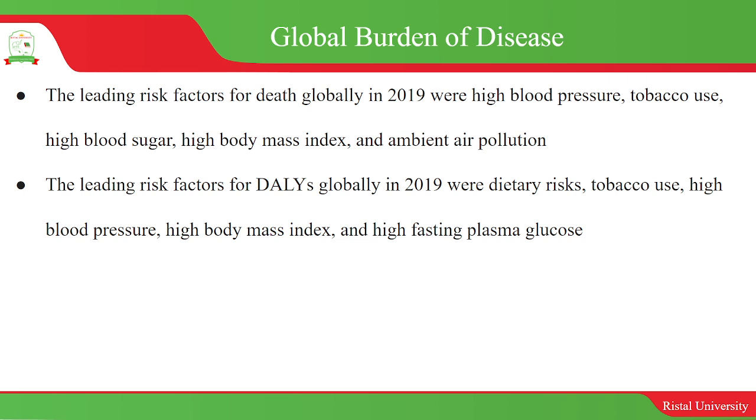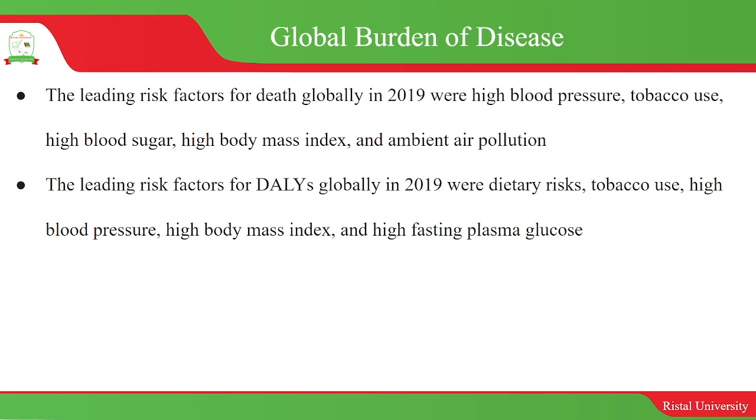We have talked about the leading risk factors, and now we look at the leading risk factors for death. In 2019, high blood pressure, tobacco, these are the things that I've just mentioned. And the leading risk factors for DALYs, some of them are the same we have looked at.